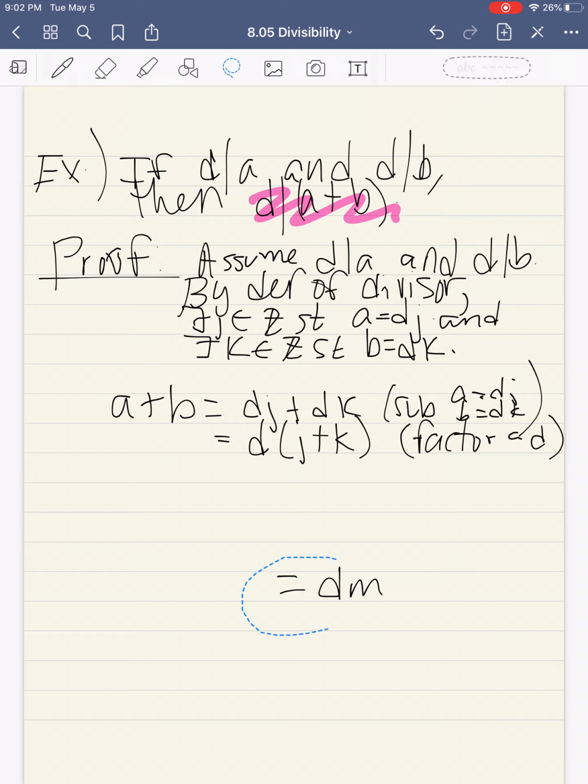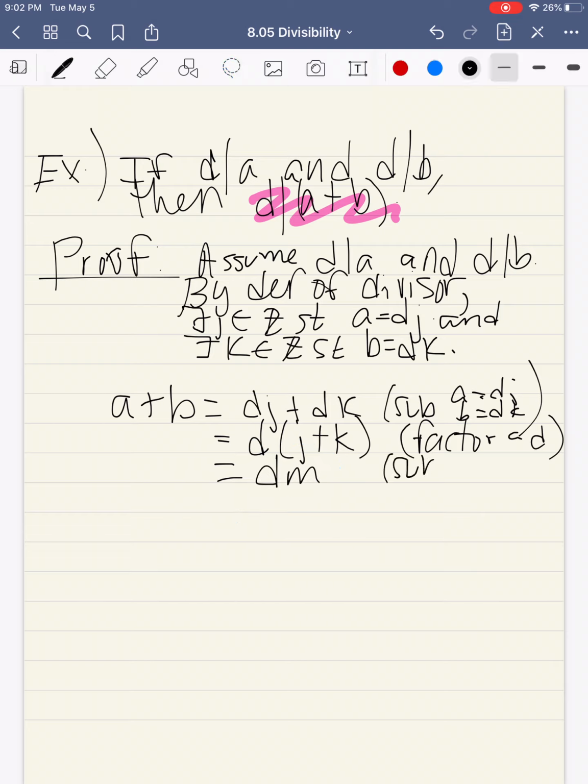And this is a lot shorter than we anticipated. So we can actually just sub in m equals j plus k.